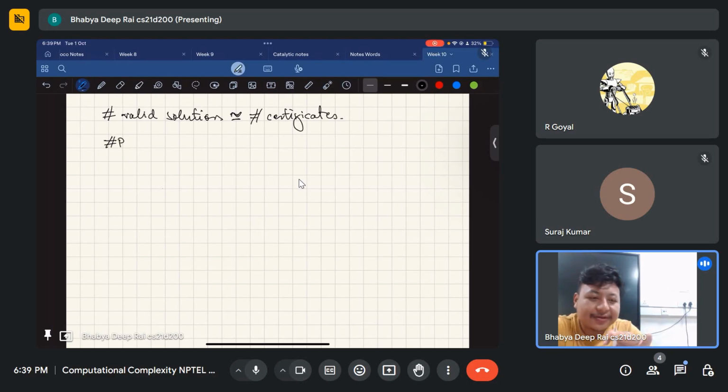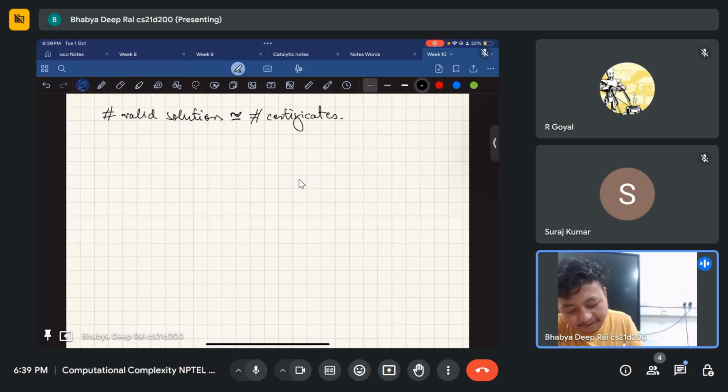and you can sort of see that this is a variation of NP. Okay, this is a generalization of NP. Sharp P is the class of functions.